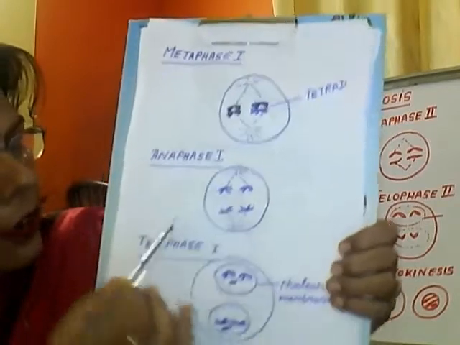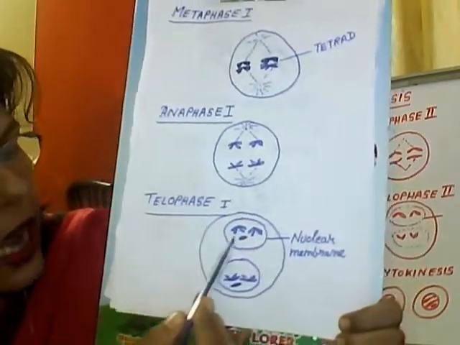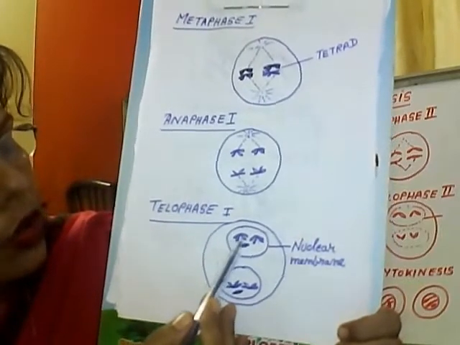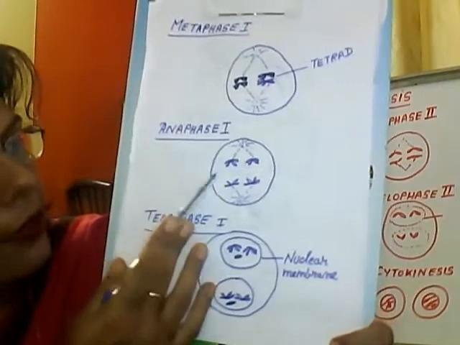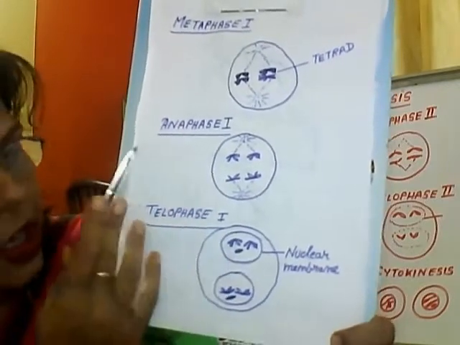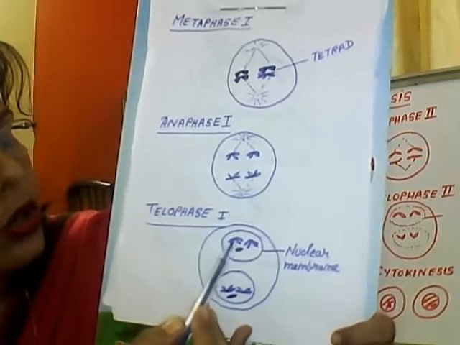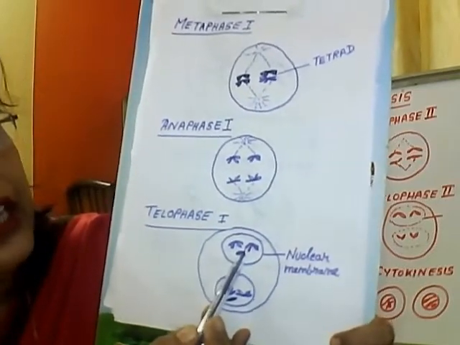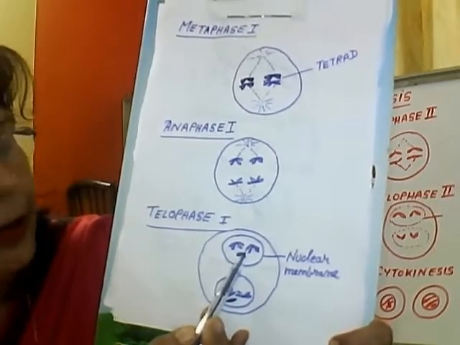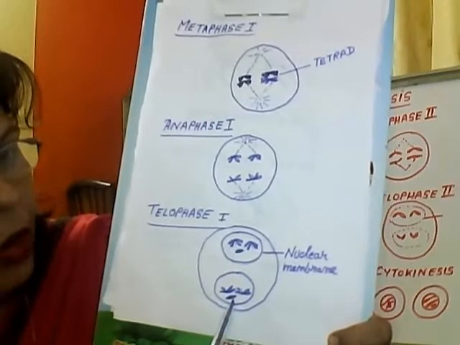Now after anaphase, the next phase is the telophase. So in telophase, what happened? Here I am talking about two chromosomes because initially I had taken 4, and now they are having 2. That's why I am mentioning 2, but it may differ in different organisms. Now the two chromosomes have reached their respective poles.